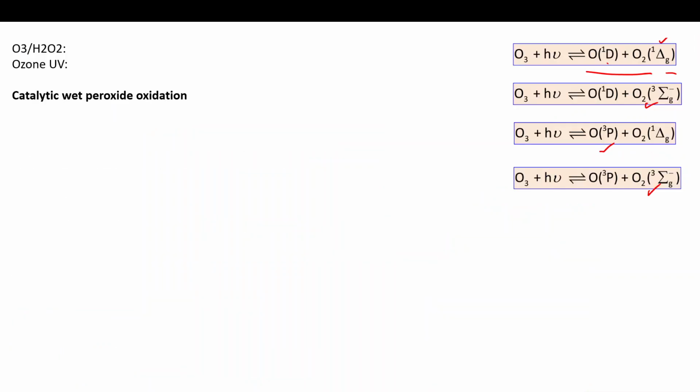Again, as mentioned, you can have ozone combined with UV, or you can externally add H2O2 as well, so that you can enhance the process.